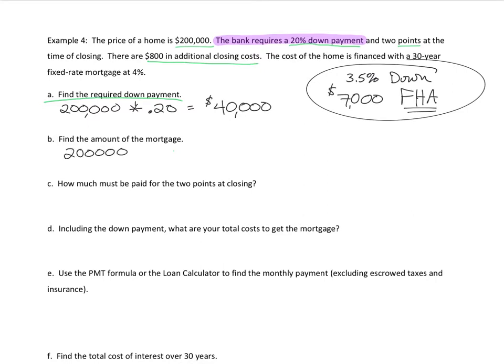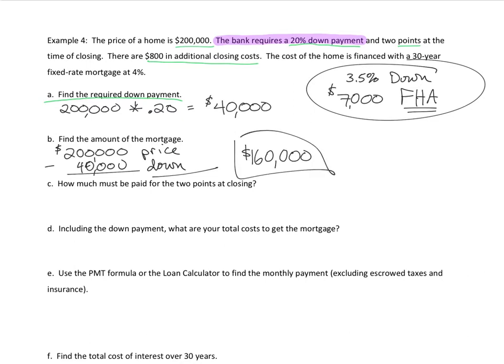So you take your price minus the down payment. Oops, 40,000. There we go. And you get $160,000 for a mortgage. Again, pretty straightforward.